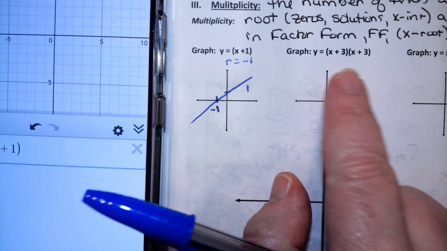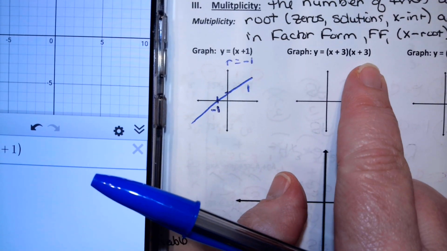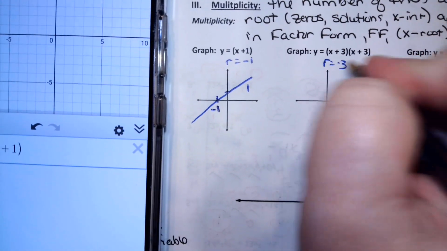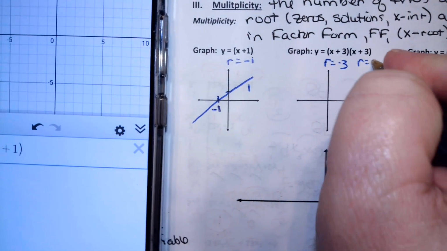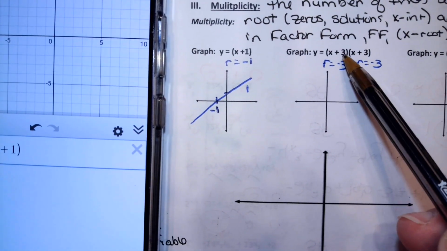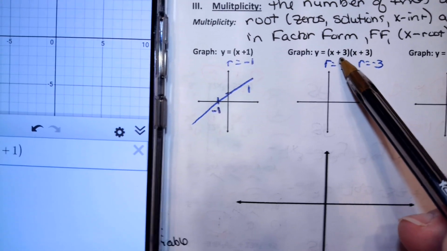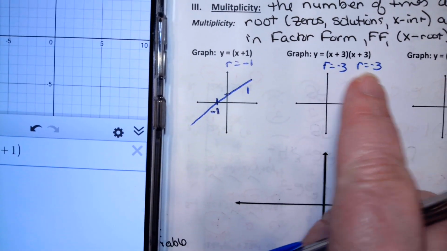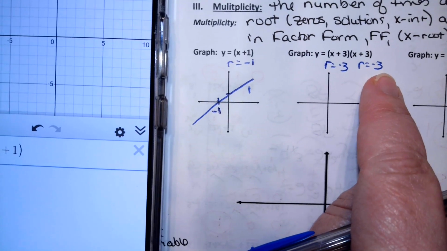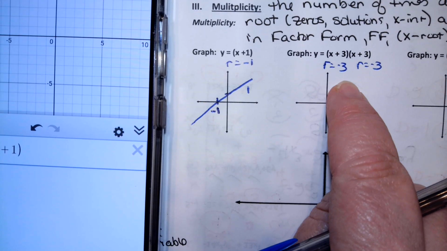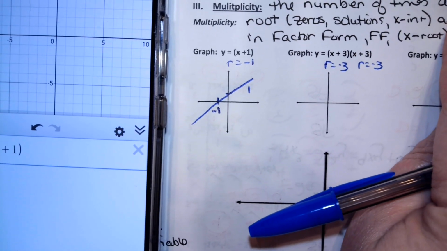All right, for our second one, we've got x plus 3 times x plus 3. That root right there is negative 3. That root right there would also be a negative 3, because remember, whenever we pull it out of the equation, your h or your r in this scenario would always be the opposite. How many times is that being used? It's being used twice, but it is still one distinct root. A distinct root means that individual number.